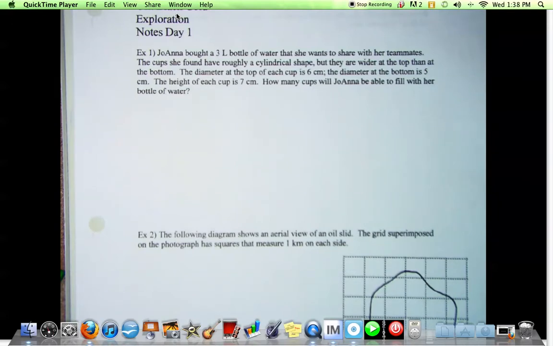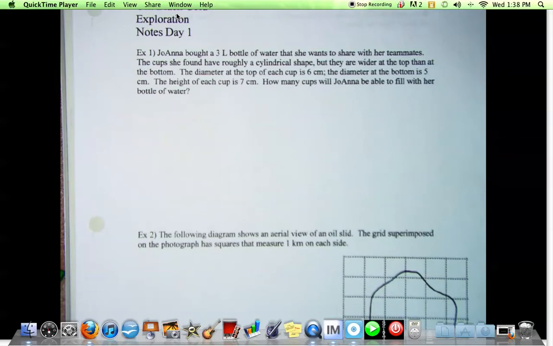Okay. So we need to find the volume of the cup, and we're sharing water with a bunch of people. Not this water, but we're sharing water. So if we have a bunch of cups and we're sharing water, what operation is that? What are we doing to the water? Subtracting it.